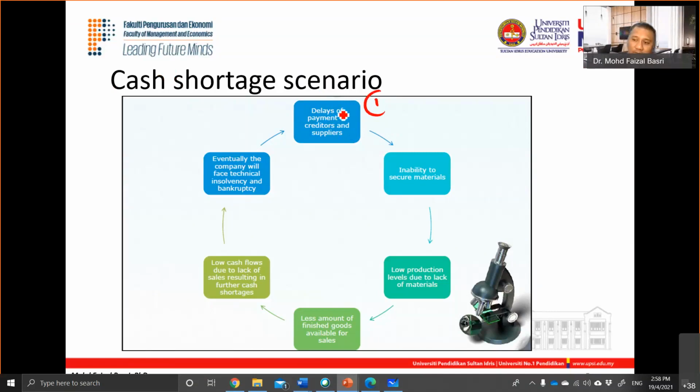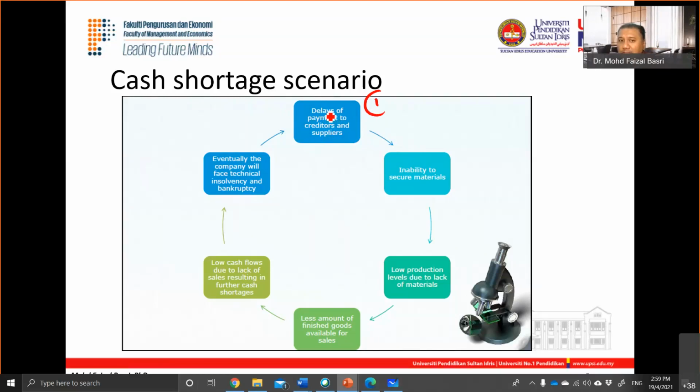Imagine you are managing one company, and your company buys goods from your suppliers using credit. You don't pay cash, you're just using credit. And somehow you are facing cash shortages. You don't have enough cash to pay your suppliers. So therefore, you're going to delay the payments.